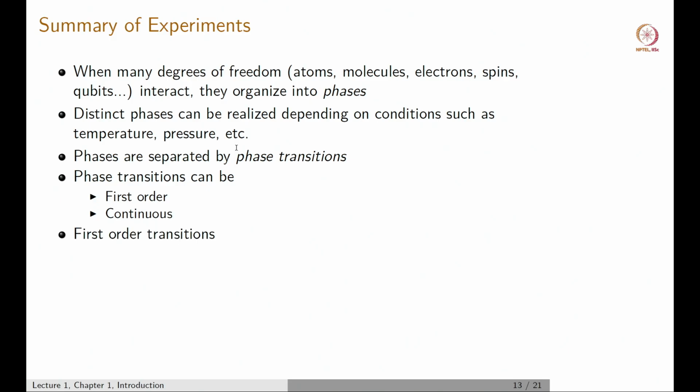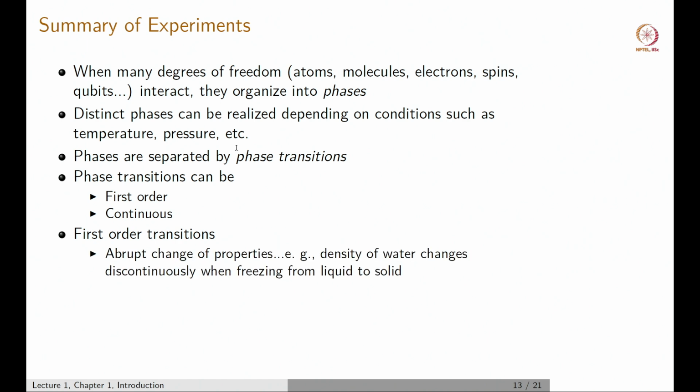So what do we mean by first order transitions? First order transitions are characterized by abrupt changes of properties. For example, the density of water changes discontinuously when freezing from liquid to solid.